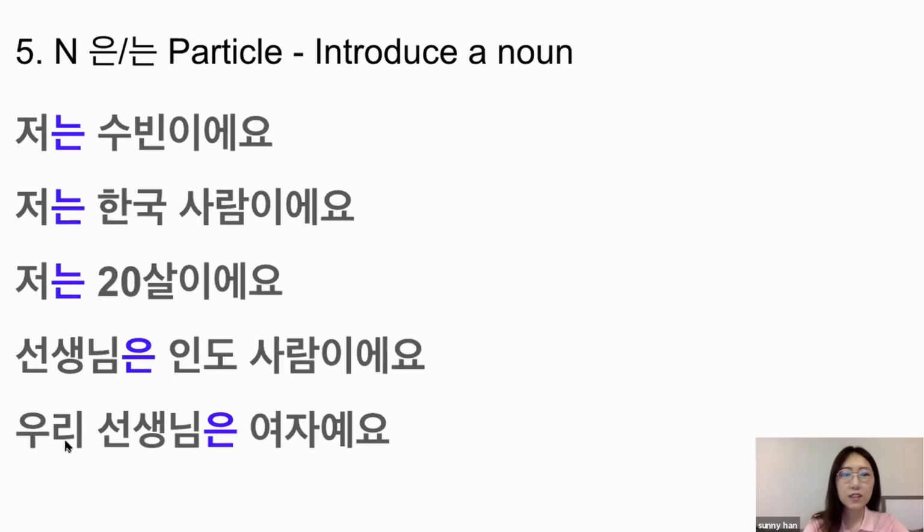우리, literally this word's meaning is we, right? But in this phrase, 우리 선생님 is my teacher. This is the same as my family. If we say my family, literally meaning is 나의 가족, but we say 우리 가족.